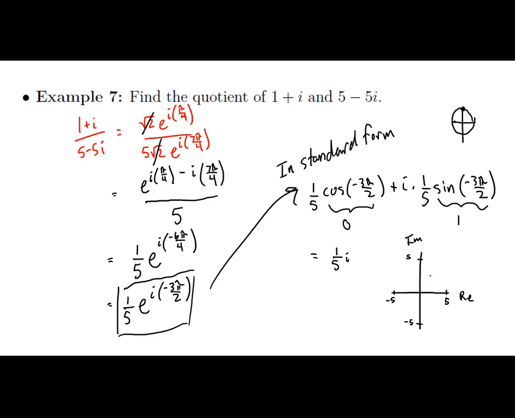So then 1 plus I, that's just going to be right there, right? Over 1, up 1. And then 5 minus 5i would put me right here.